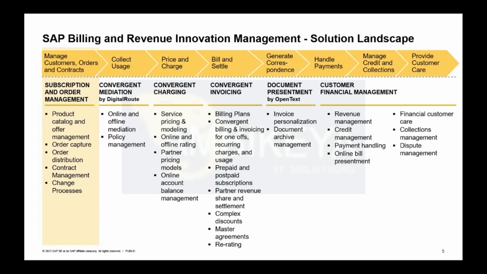The contract is then distributed to the convergent charging component as well and to the convergent invoicing component, because the billing and invoicing is done on the basis of the contract. It's important in a subscription's lifetime that you are able to handle change processes, because most subscriptions have a long lifetime, and it's important to track the changes according to the whole landscape.